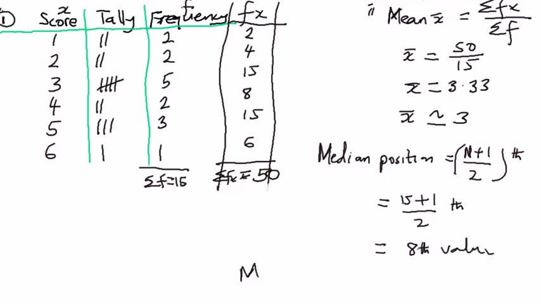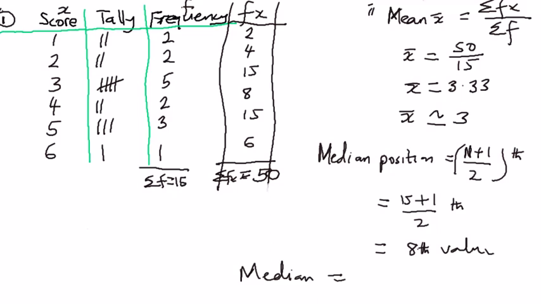So therefore the median is equal to, we now go to our table, since it has been arranged in order of size from 1, which is the least, to 6, which is the biggest. So we look at the one that falls into the 8th position.